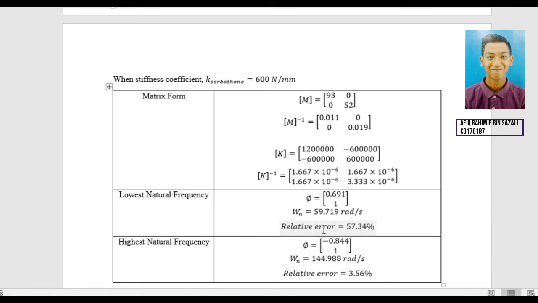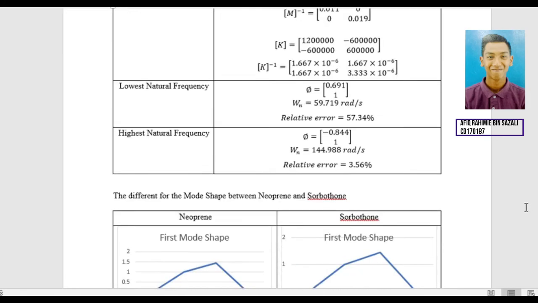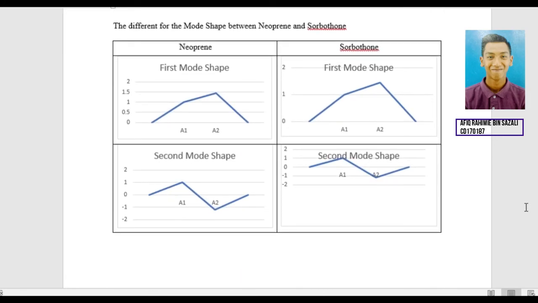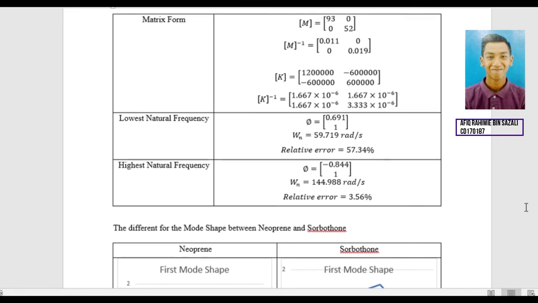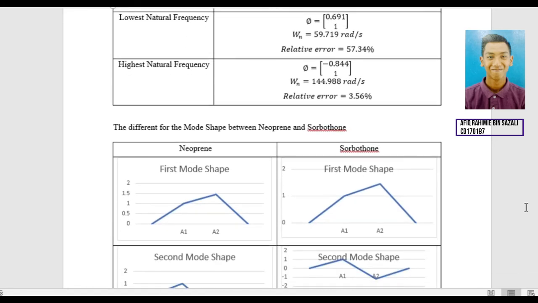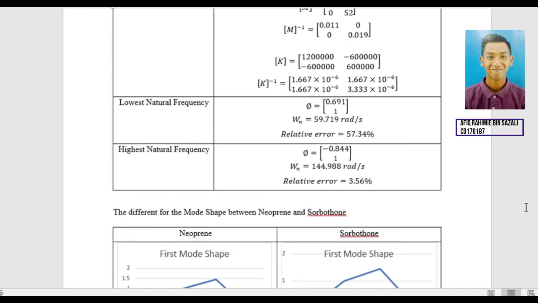The lowest relative error is 57.34% and the highest relative error is 3.56%.